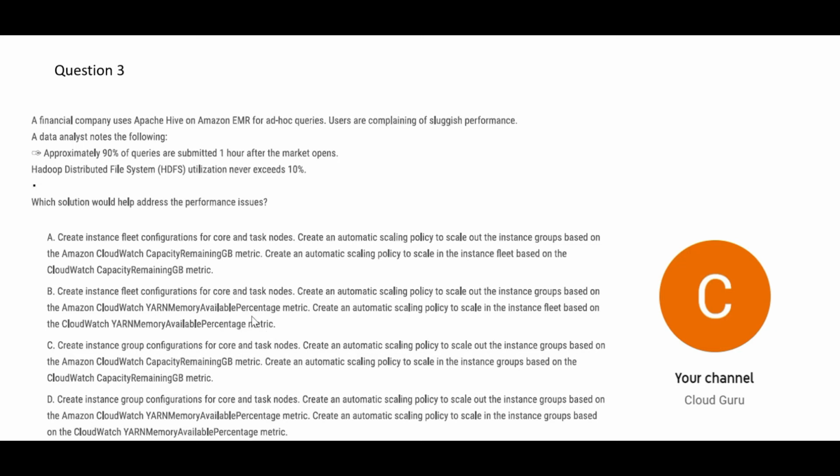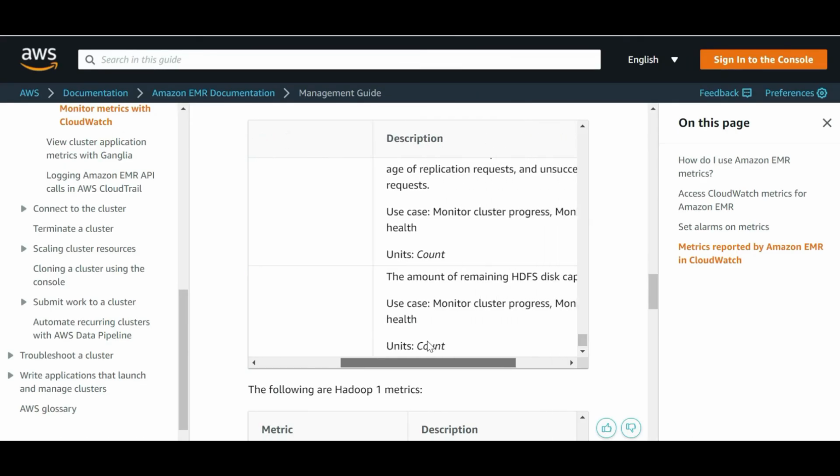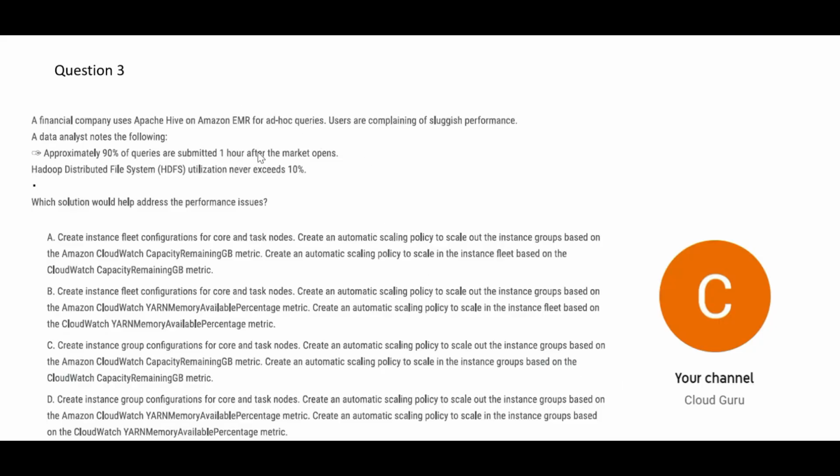Now let's try to rule out certain options. First, anything to do with the CapacityRemainingGB metric. This is not talking about GB utilization. What this metric gives you is the amount of remaining HDFS disk capacity. Does this question talk about disk capacity?